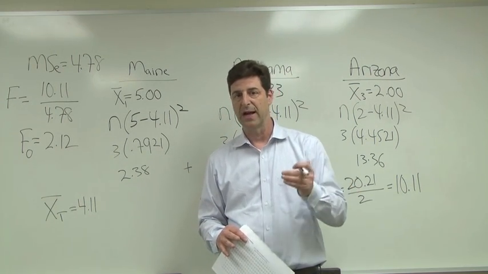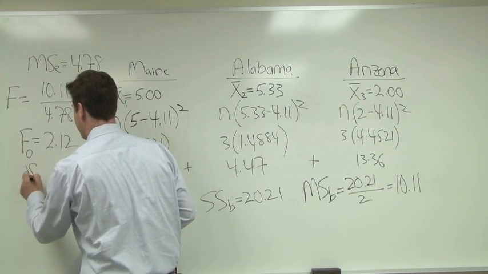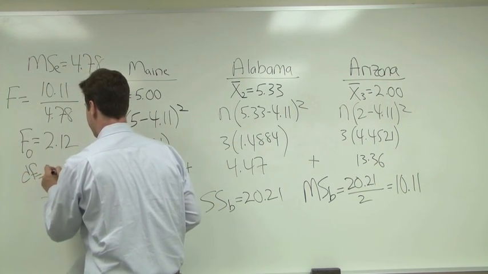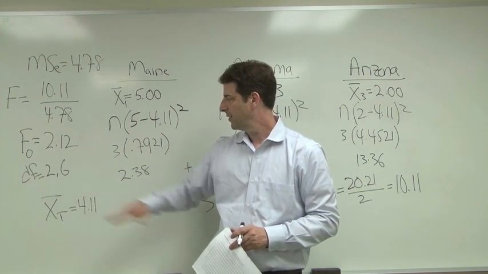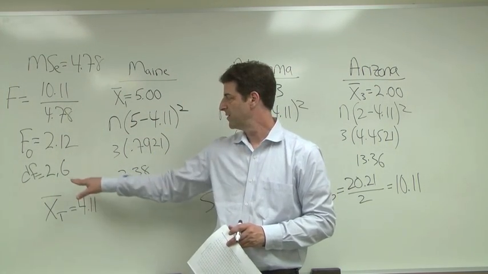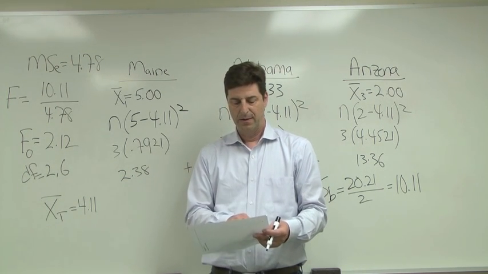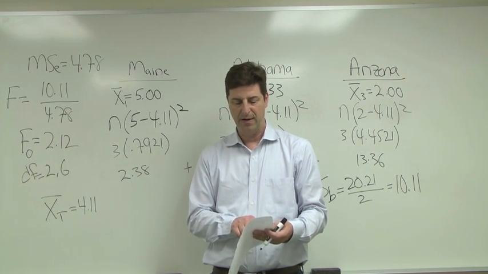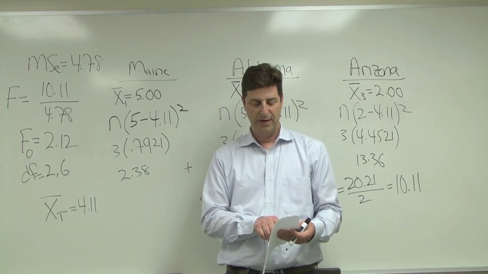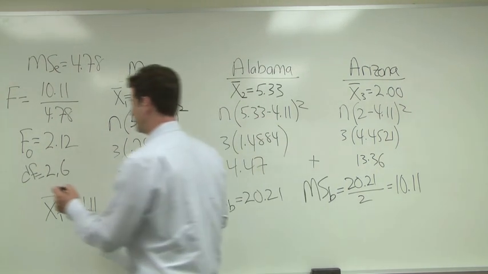There were 3 groups, 9 minus 3 is 6. So our degrees of freedom for this particular problem is 2 and 6. In Appendix C, 2 degrees of freedom between groups, 6 degrees of freedom error, alpha level of 0.05, we find a critical F value of 5.14.